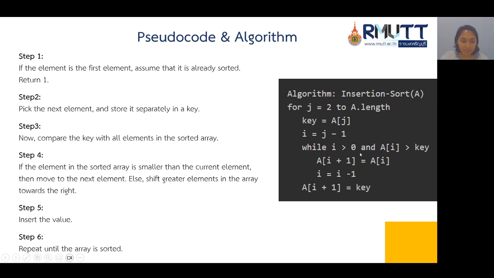And then step 4, if the element in the sorted array is smaller than the current element, then move to the next element, else shift greater elements in the array towards the right. And then step 5, insert the value, and step 6 is repeat until the array is sorted.